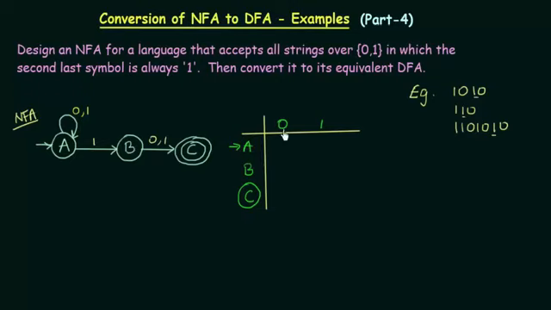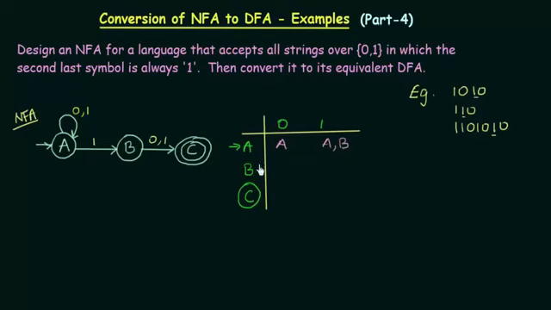A on getting input 0 stays in A itself. And A on getting input 1 goes to A itself, and also it goes to B. So it goes to two states, namely A and B.